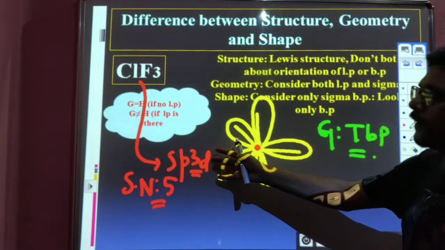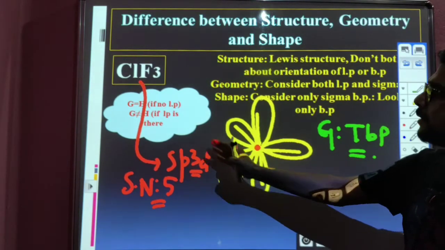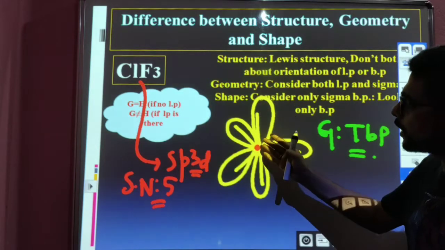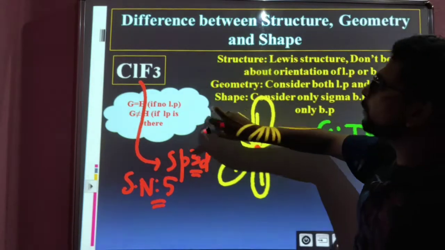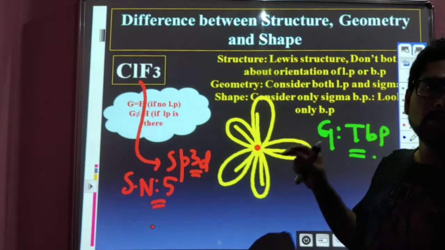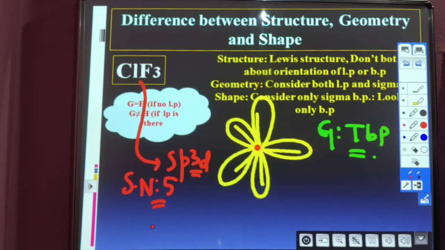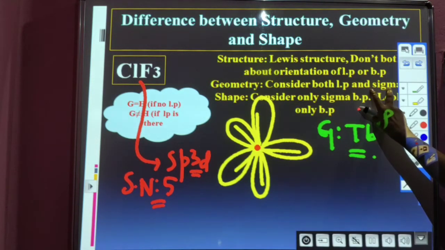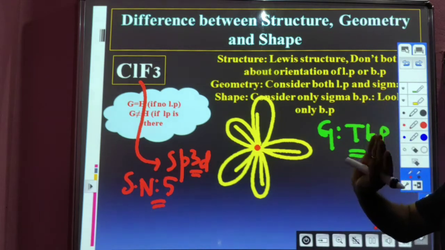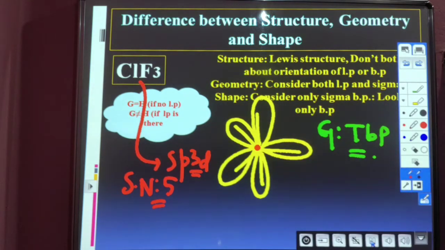If it is sp3d hybridized, the 5 hybrid orbitals will be arranged in a proper orientation, and it will give you TBP geometry, trigonal bipyramidal geometry. So we consider both the lone pair and sigma bond pair. We won't count the pi bond pair. Later I will show you that.